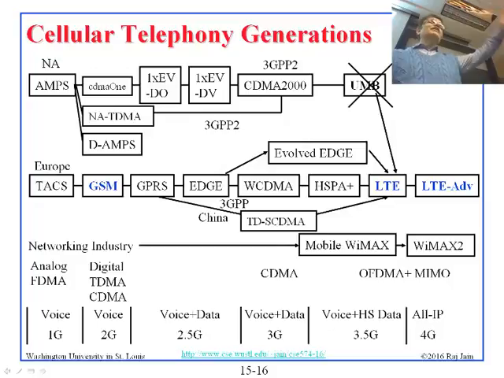So it didn't worry about any of the old legacy stuff. So that is the thing. This is evolution. And by the way, LTE, E is for evolution. And I don't know, this must be European English, that when they say next generation, instead of calling it next generation, they say evolution. Okay? So, EDGE is an evolution, evolved EDGE, and then LTE is another evolution. Okay? So that is their word for next generation.